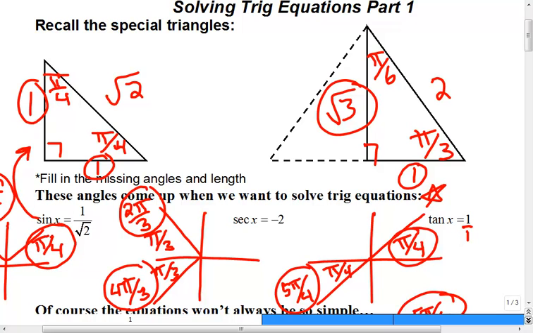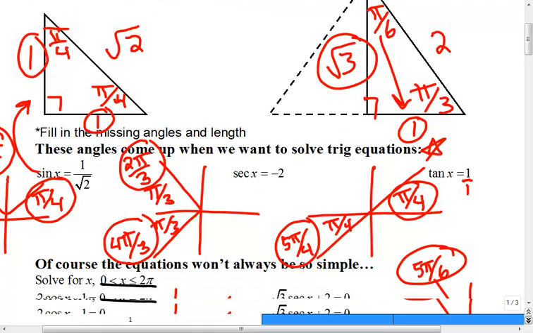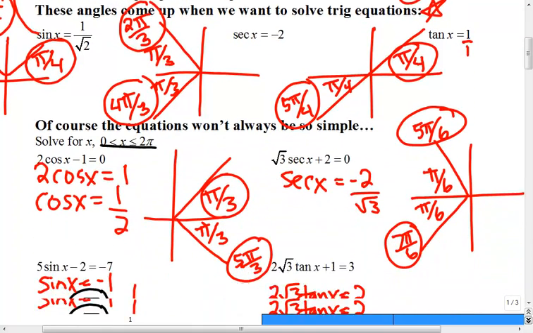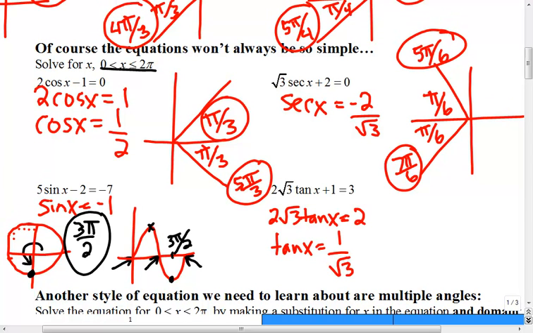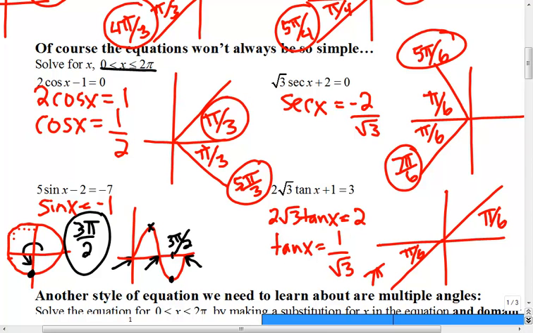So the opposite over adjacent means pi over 6 was the reference that I'm looking for. So pi over 6, and tangent's positive. So I will be here and here at pi over 6. And if the reference was pi over 6, I would be down at 7 pi over 6.